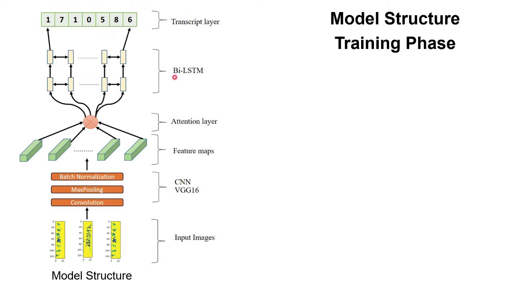The term Bi here is bidirectional, which means they can use the previous character and subsequent character to update the current character. For the transcript layer here, I use word beam search with lexicon search. The lexicon search is a search through the dictionary of the class list.